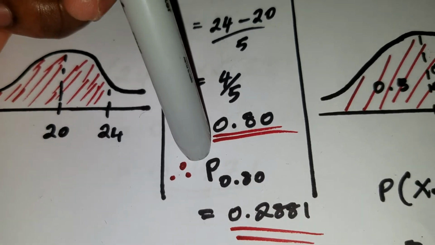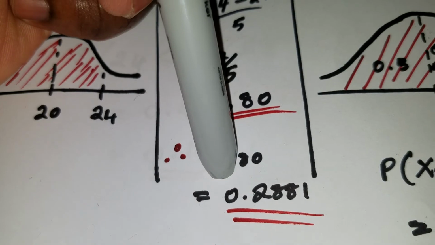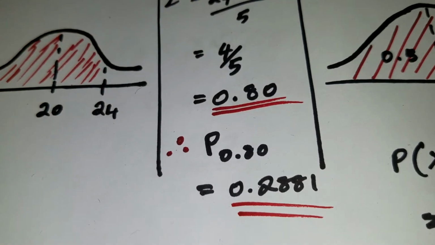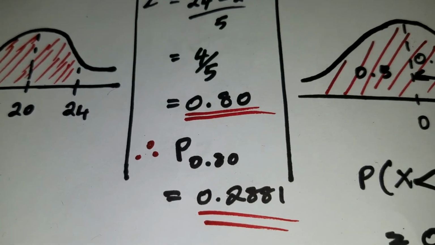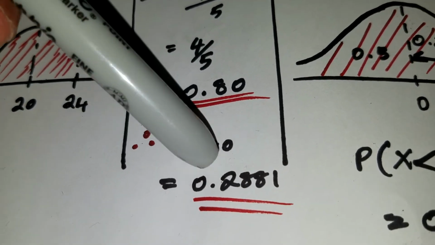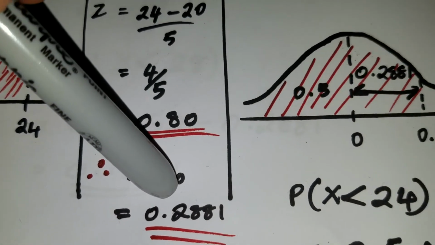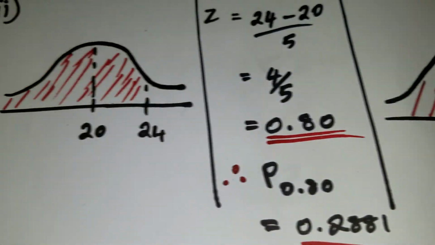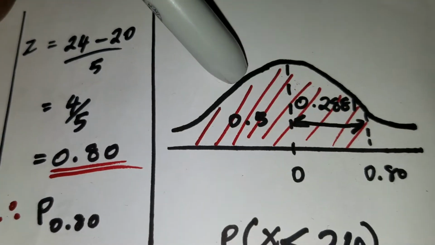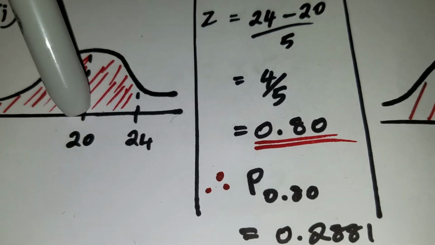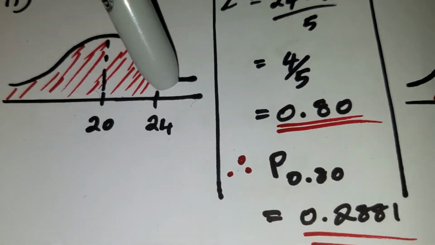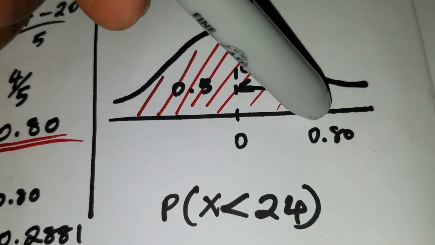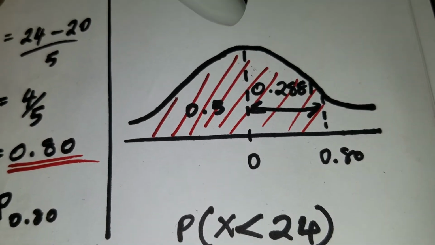The probability for 0.80 is 0.2881. Once more, look to my video on reading the z-score table to understand how we get this probability. Converting from normal to standard normal, the mean of 20 is now represented by 0, and 24 is represented by 0.80.